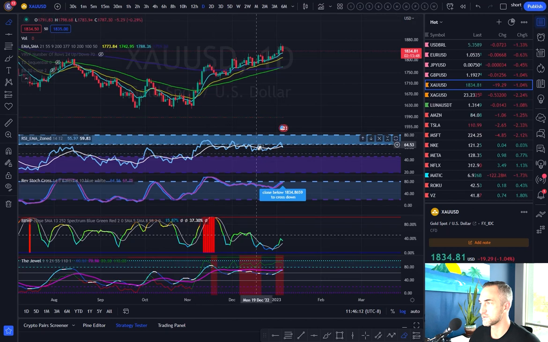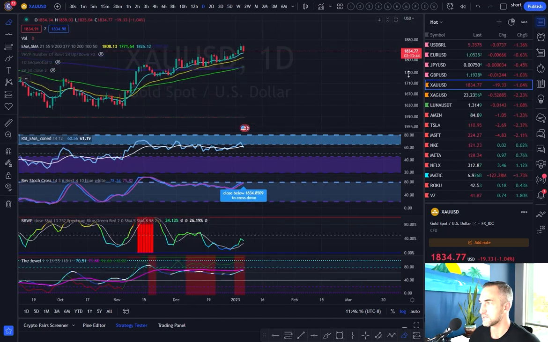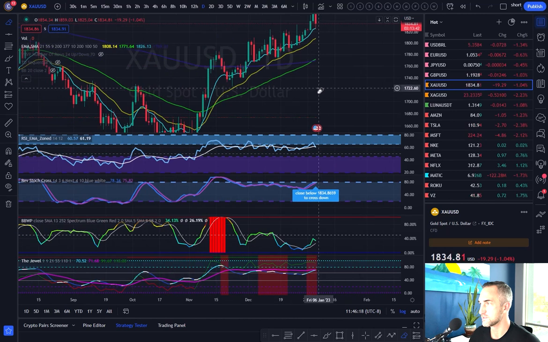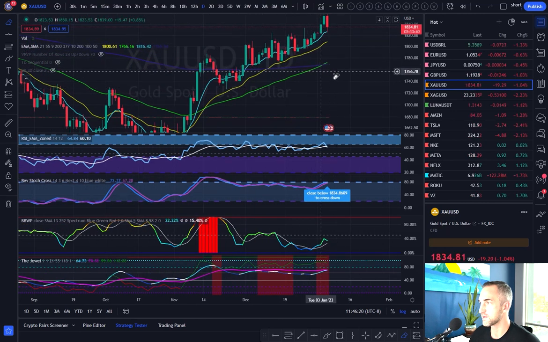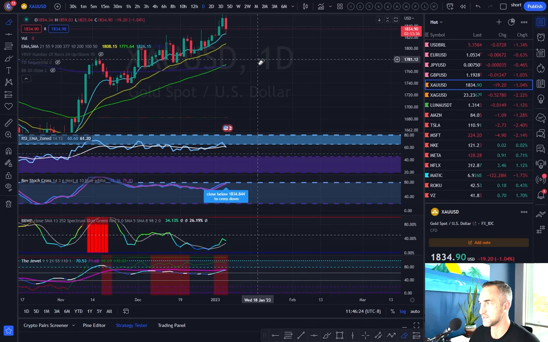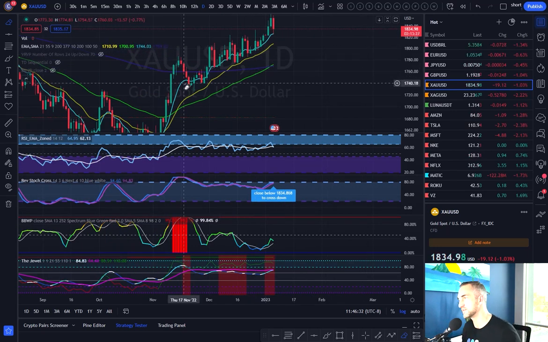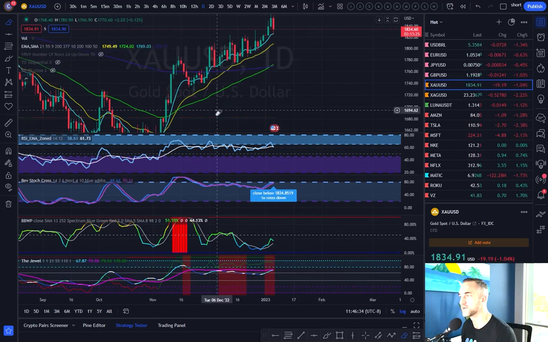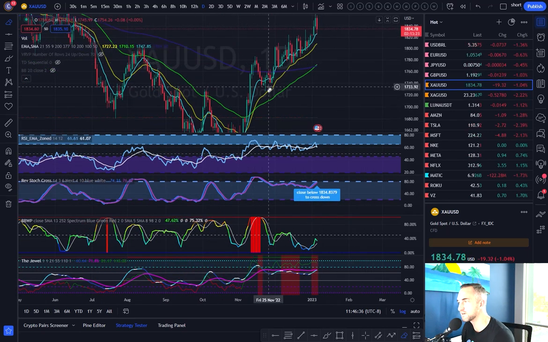So I'm looking for gold to come down a little bit, maybe around 1800, before putting in another higher low. And as long as we're above this region on the daily time frame, I'm still going to be bullish for some additional upside in gold, if you're a gold holder. Silver's going to do whatever gold does, but more.